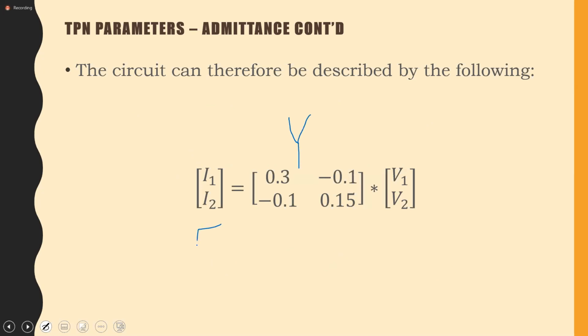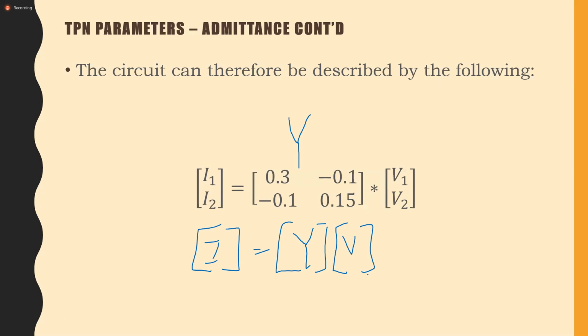So this would be I is equal to uppercase Y times V. All right. So here's our matrix.